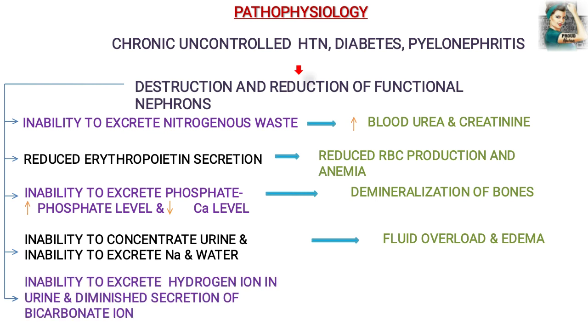Also, there is inability to excrete hydrogen ions in urine and diminished secretion of the bicarbonate ion. Now, this function is very important to maintain electrolyte and acid-base balance in our blood. Due to the disruption of this function, there is metabolic acidosis.